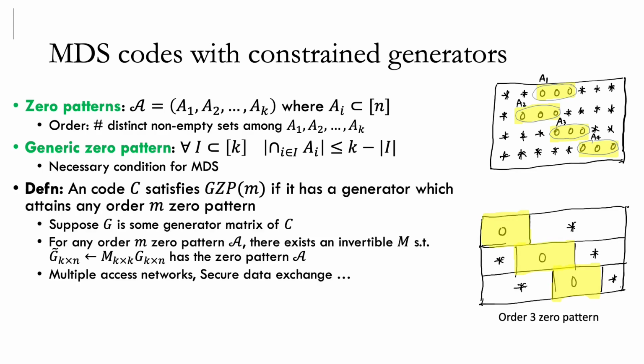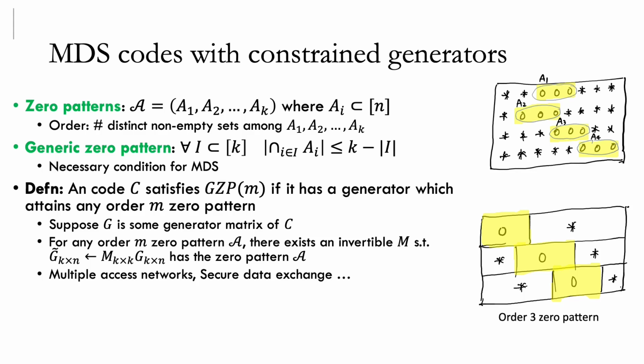Now, let's say that a code satisfies GZP of M if it always has a generator which attains any order M zero pattern. By order M, we mean that although there are k total sets, there are only m possible distinct sets, like in the picture on the right.